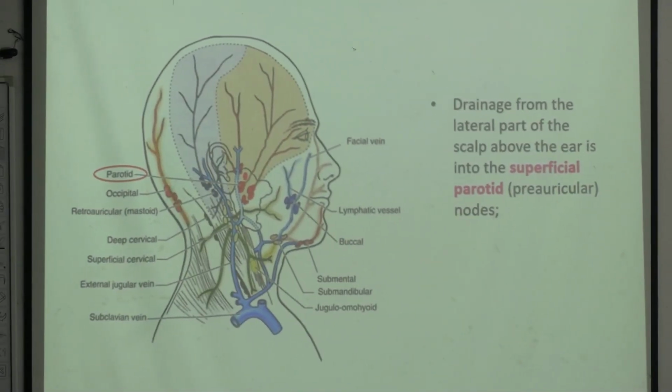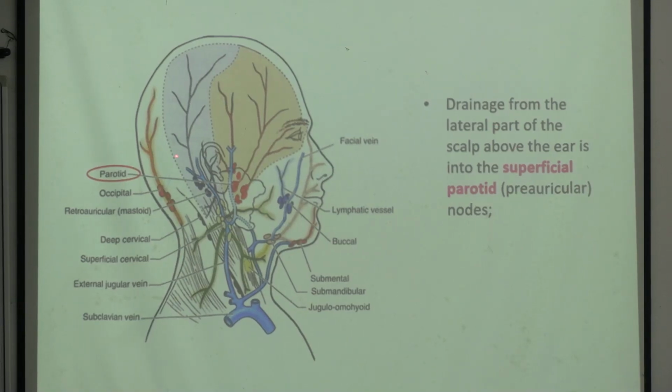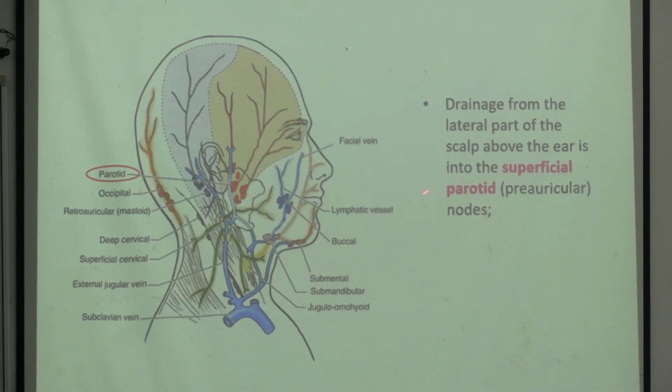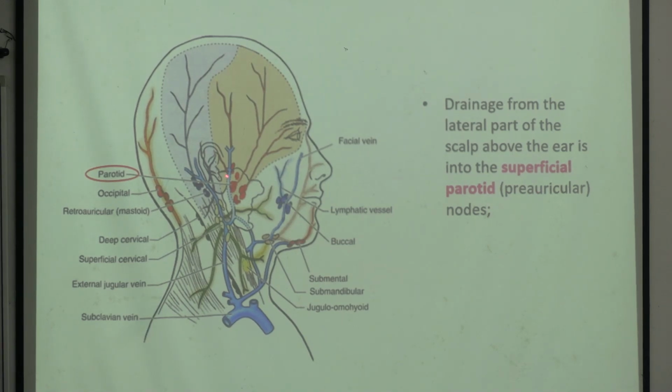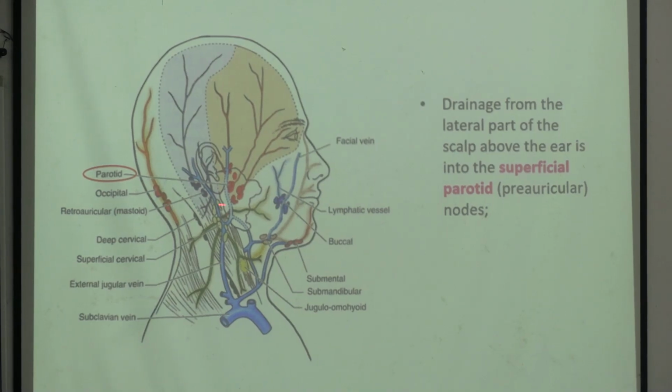Drainage from the lateral part of the scalp above the ear is into the superficial parotid, preauricular nodes here. This is the parotid gland. Then retroauricular, mastoid, deep cervical, superficial cervical, external jugular vein, subclavian vein.